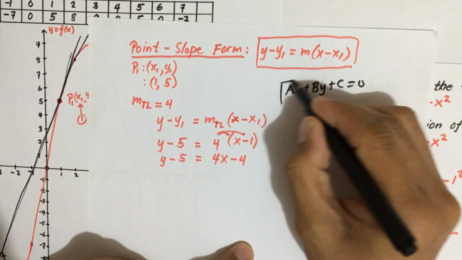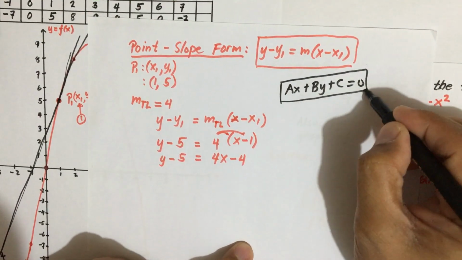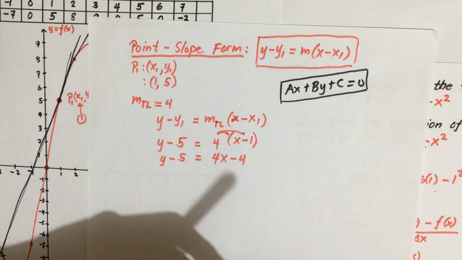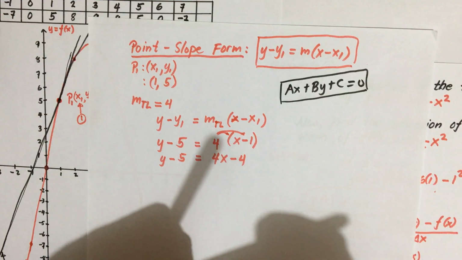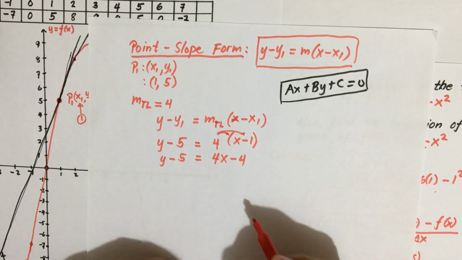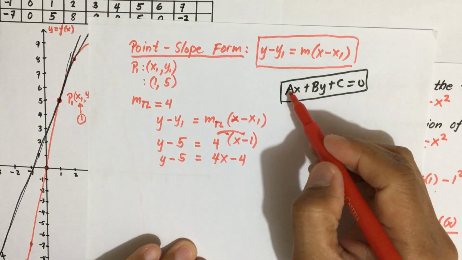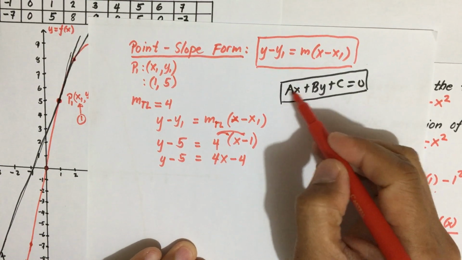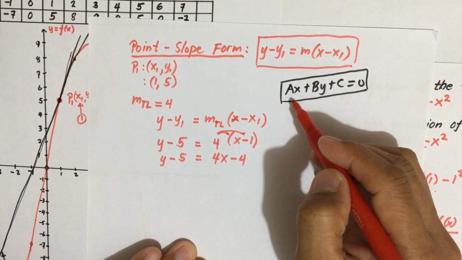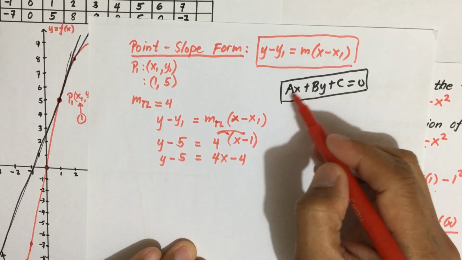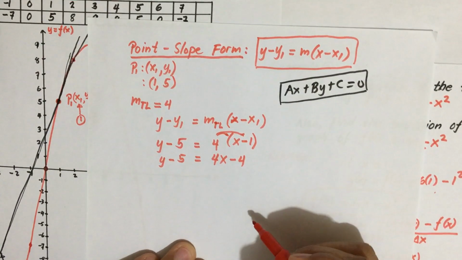So our answer must take this form, class. Okay? So it means that one side of the equation should be 0. And let's make the term that contains x positive, though it's not wrong if this is negative.